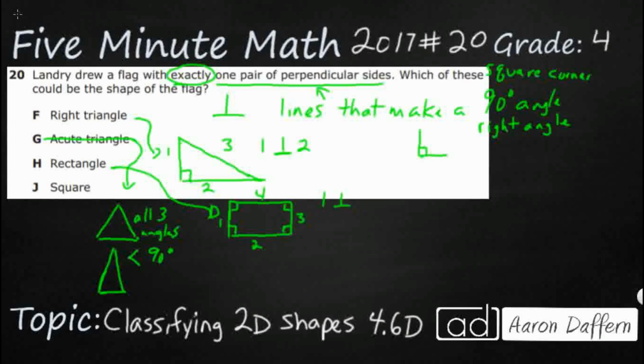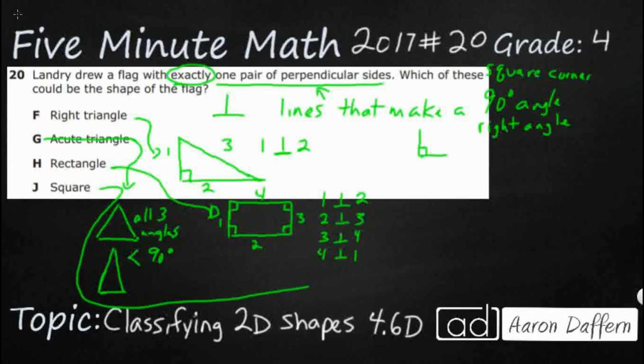So I could say that side 1 is perpendicular to side 2. Side 2 is perpendicular to side 3. Side 3 is perpendicular to side 4. And then back to side 4 is perpendicular to side 1. So that's not going to work. We've got four pairs of perpendicular sides. Each one of these sides is perpendicular to the one it touches. So that is not going to work either.